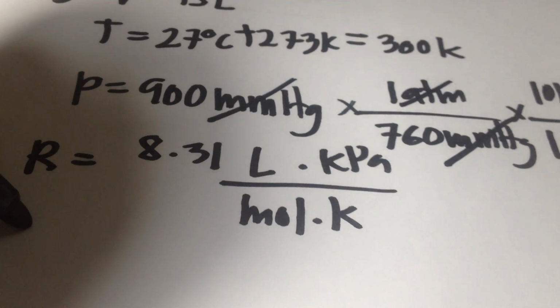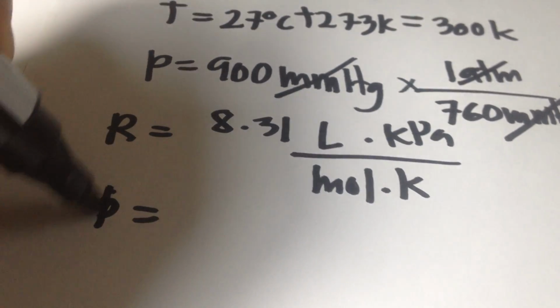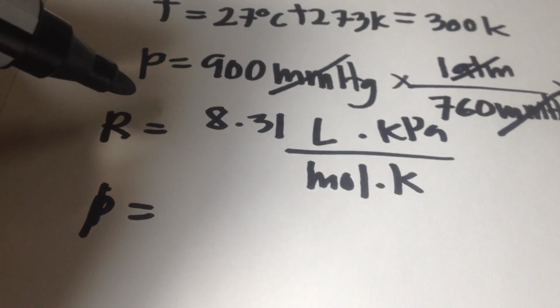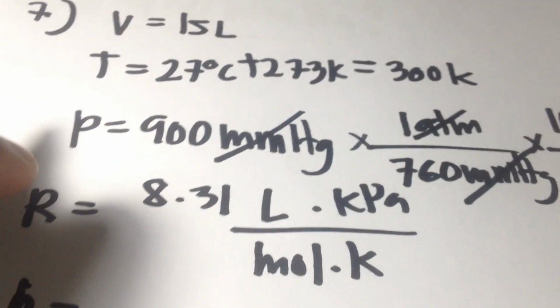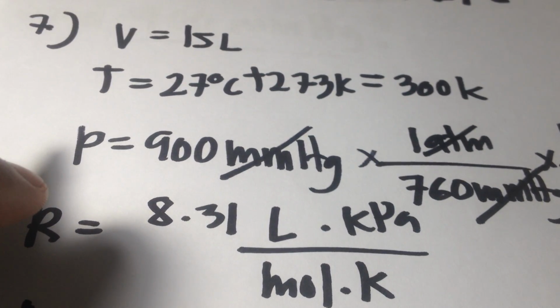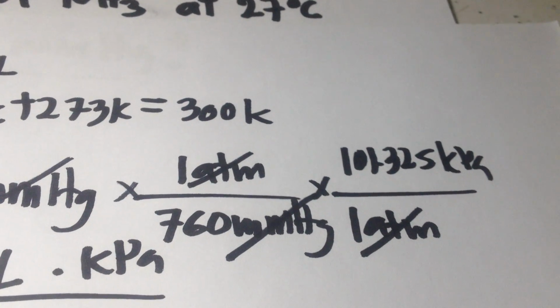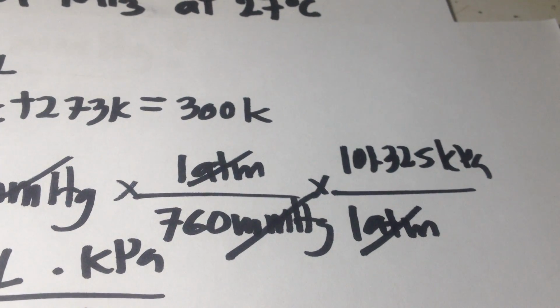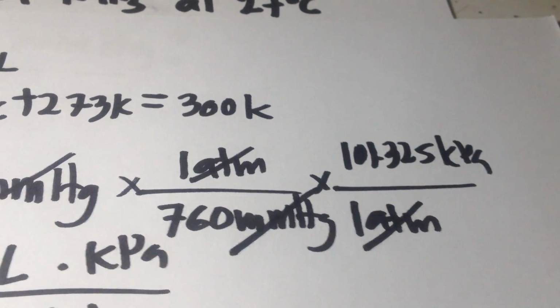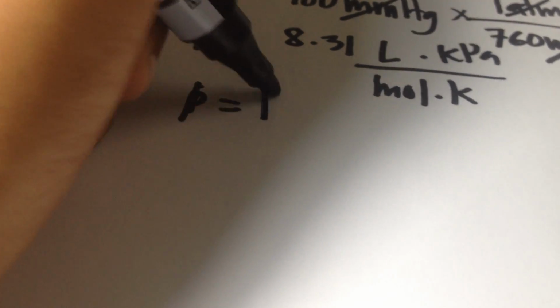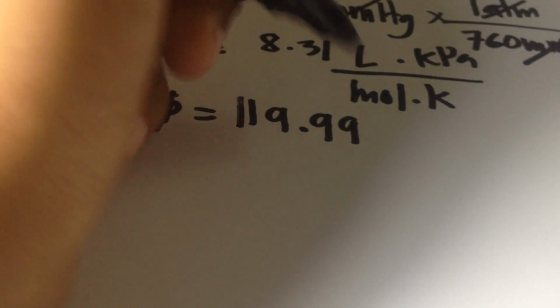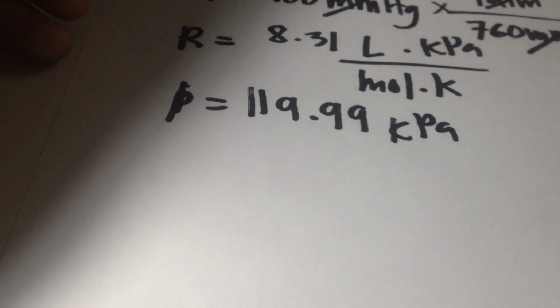So write the pressure value here. 900 divided by 760 times 101.325 kilopascal is equal to 119.99 kilopascal.